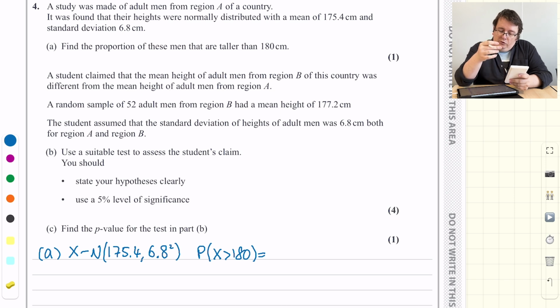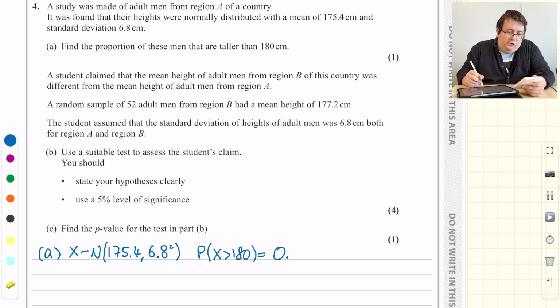You're going to want to put in 175.4 as the mean, standard deviation of 6.8. You want to put your lower in as 180 and the upper in as a large number. Okay, we should get 0.249371, so 0.2494 to 4 decimal places.